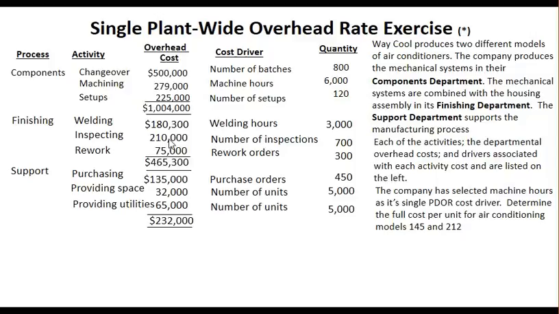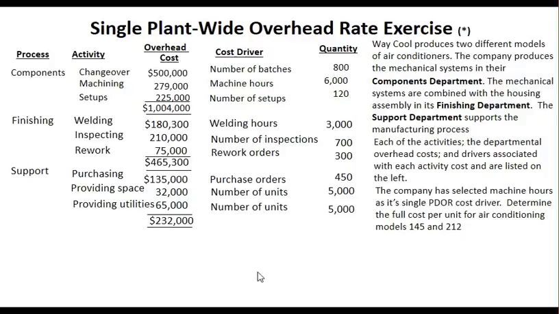Inspecting is 210,000, and again the cost driver would be the number of inspections, and we know there's 700 inspections in finishing. Rework would be 75,000, and the cost driver would be rework orders, and the quantity would be 300. So what I've done is set up the detailed overhead costs and the detailed cost drivers for these individual activities.